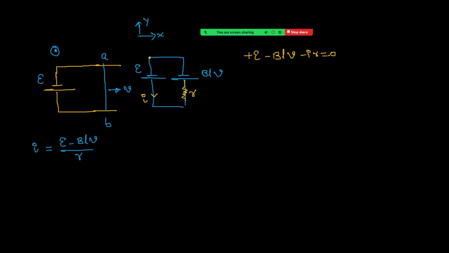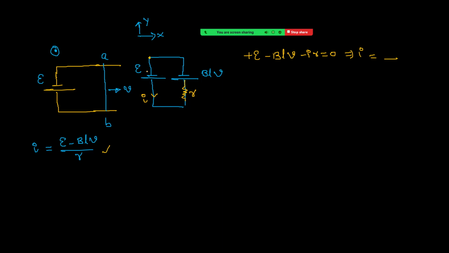This is equal to zero. So from this we can find the value of I, right? That is what we got here. Next, see what else we have to calculate. So we have now got the current and the direction of current.